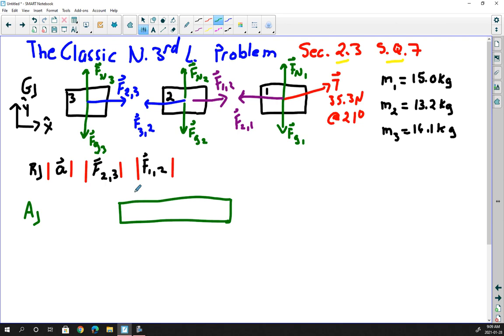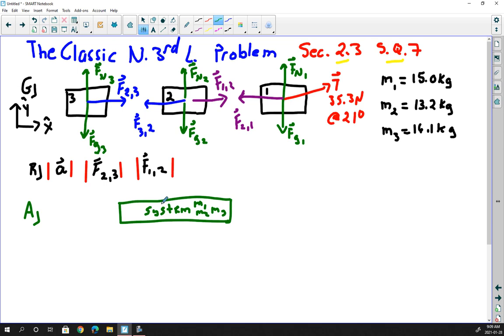Imagine this to be so. And this is what we would call the system. This would be the system, and it would be all three masses added together. Does it exist in reality? No, it doesn't, but it's a good mathematical ploy to do this.